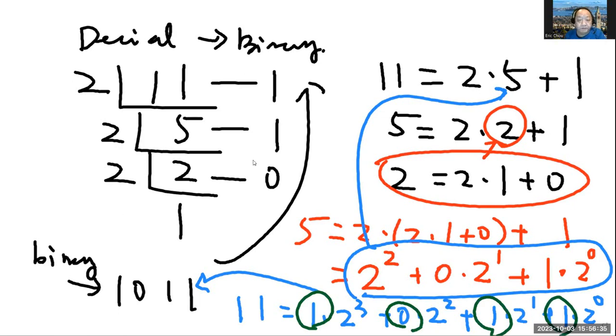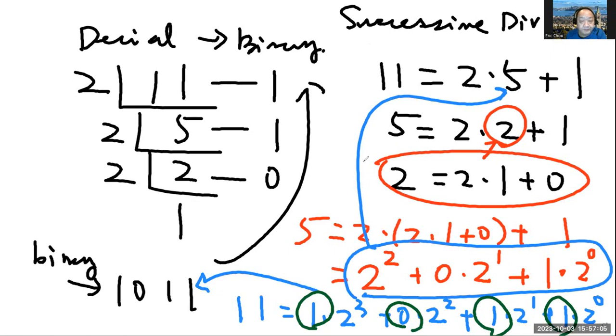This is the proof that successive division can convert a decimal value to a binary value. We call it successive division: continue to divide until you can no longer divide.